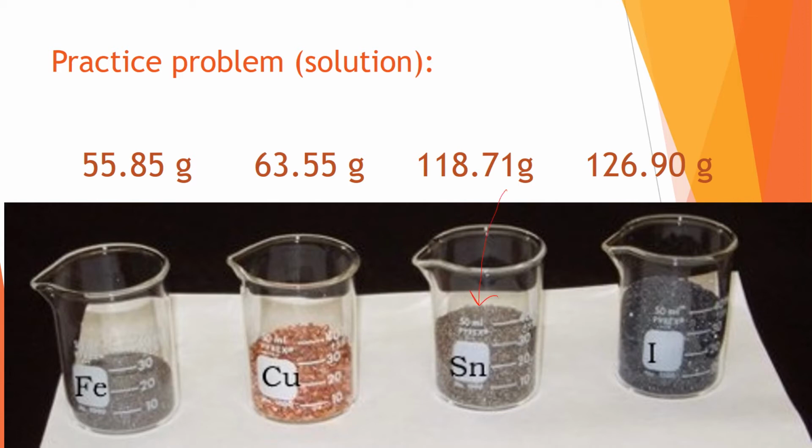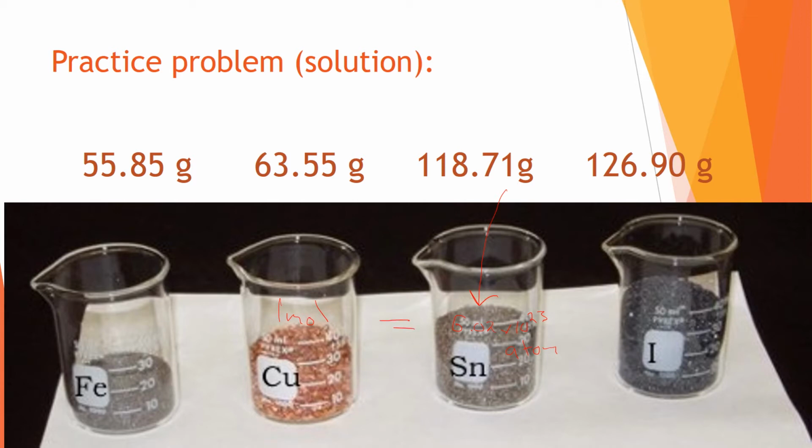And what's 1 mole of tin particles? 6.02 times 10 to the 23rd particles. That's how many atoms of tin are inside this container, right? There's 1 mole of copper in this container, which is equal to 6.02 times 10 to the 23rd, right?